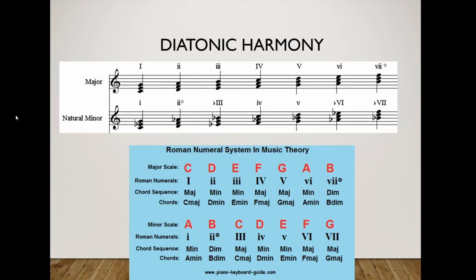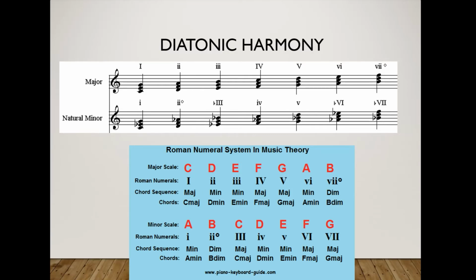So if I was playing complete diatonic harmony in C major, these would be the chords that I would have access to. There are a lot of natural tendencies that these chords have, in patterns that we begin to recognize, which I'll get into in a bit. You can see all of the different Roman numerals, chord sequence, and the specific chords here.